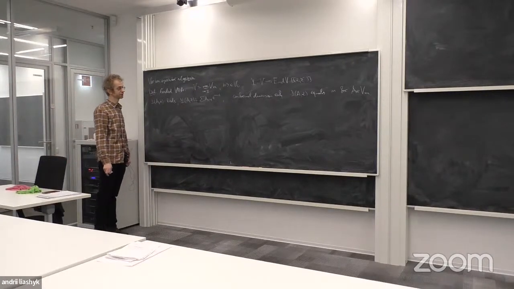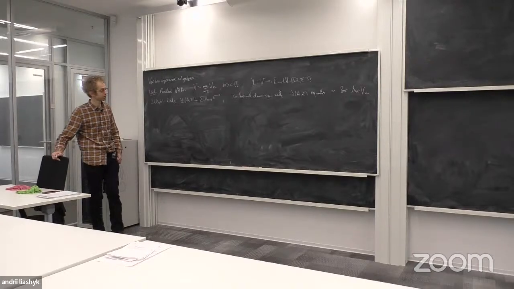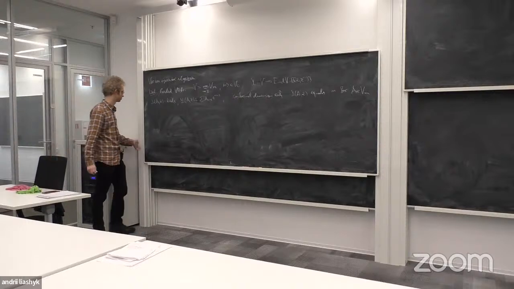Once again, for any vector we have a field, and we have a notion of the degree of a vector, and a notion of the conformal dimension of a field. So let's see how it works.